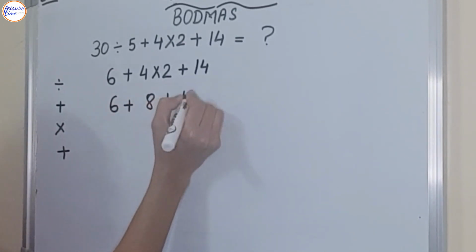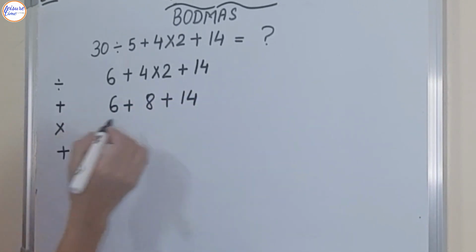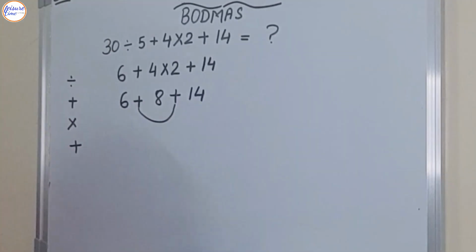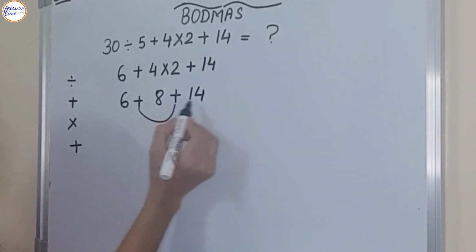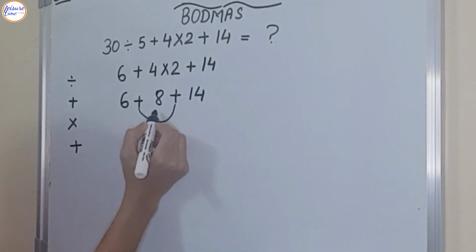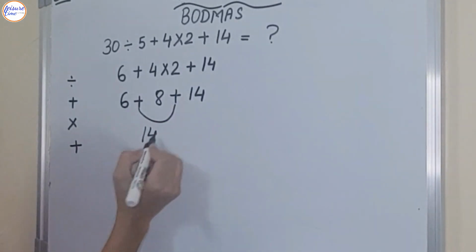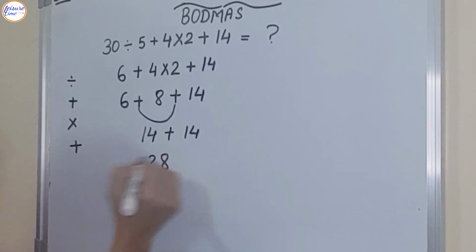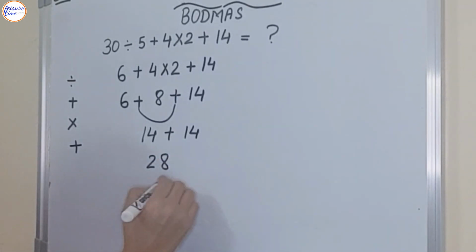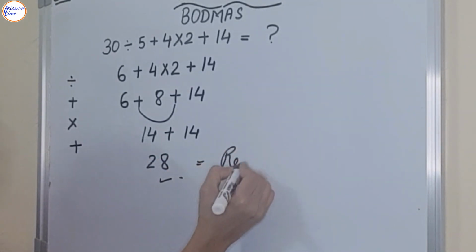Now addition 14. What are your operations now? Your operations are additions, so now you can solve them together. 6 plus 8 plus 14, how much? 6 plus 8 is 14, plus 14 again is 28. Okay, this is your result.